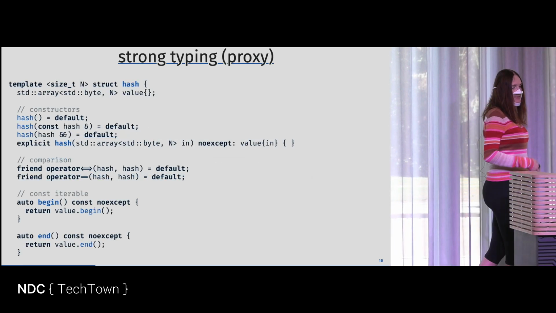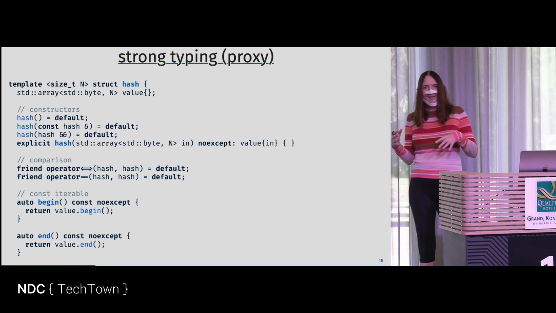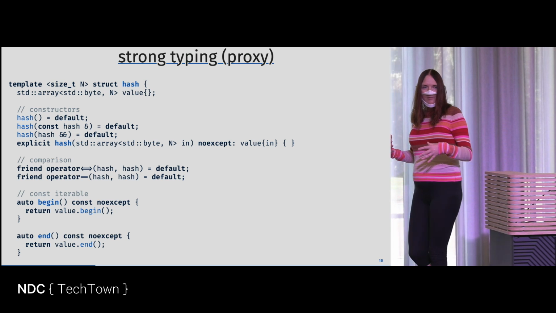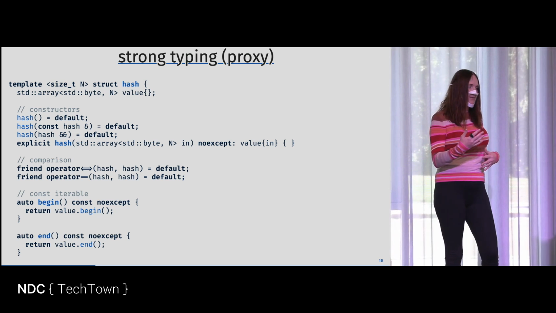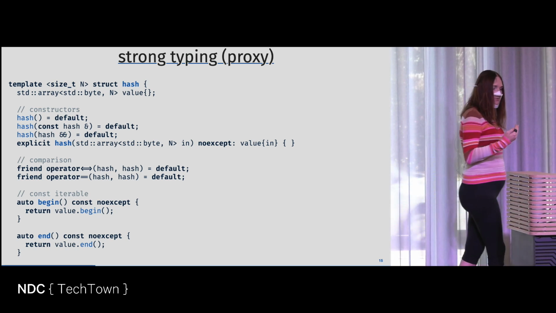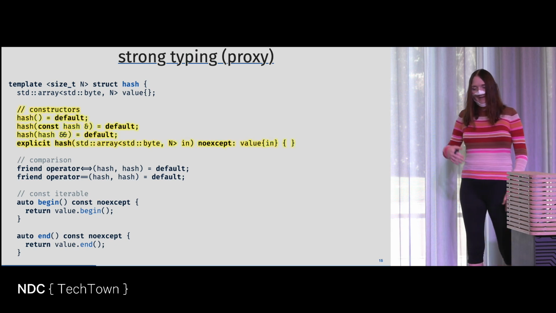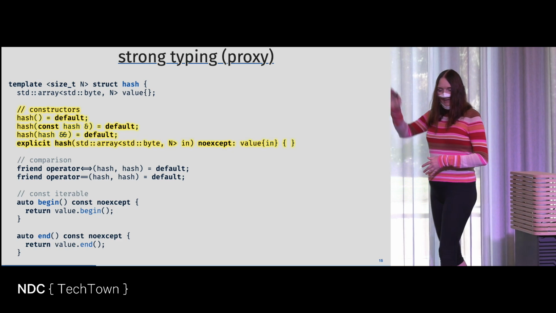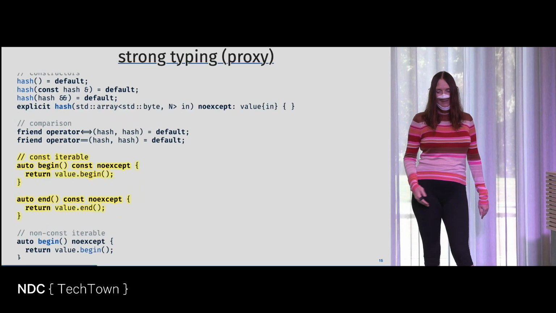Okay, but that's not working because I like strong typing. I don't want some random bytes to be interpreted as a hash. So I need something which is stronger. So I can create my own type hash. I need to write some constructor. There is the array. I need to implement some comparison. We can default it.